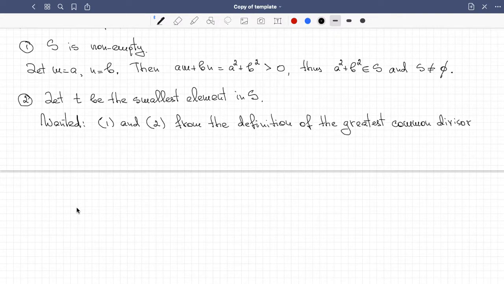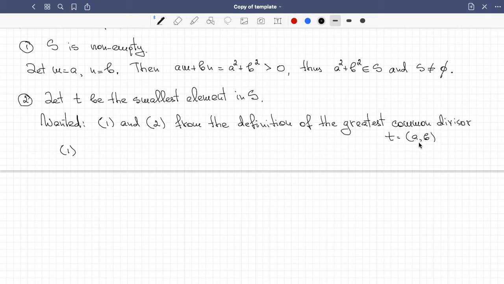We start with 1 from the definition. We want to justify that T is equal to the greatest common divisor of A and B.